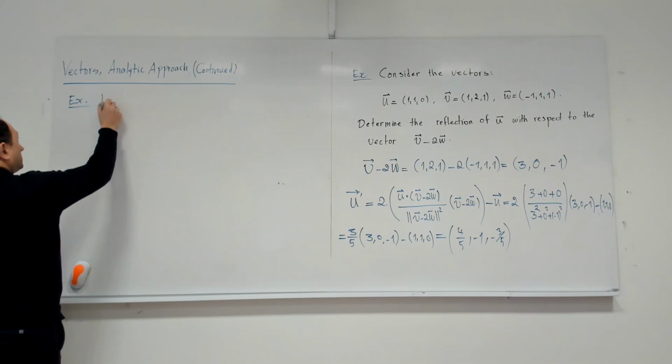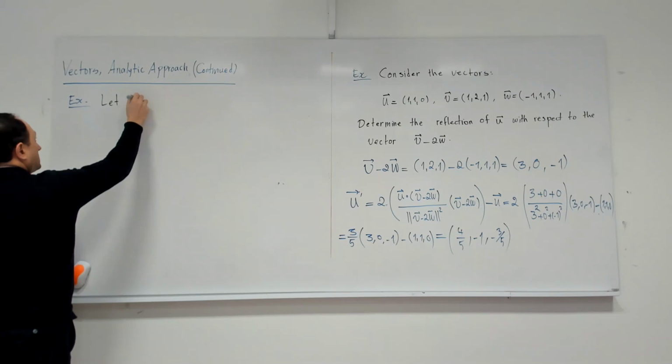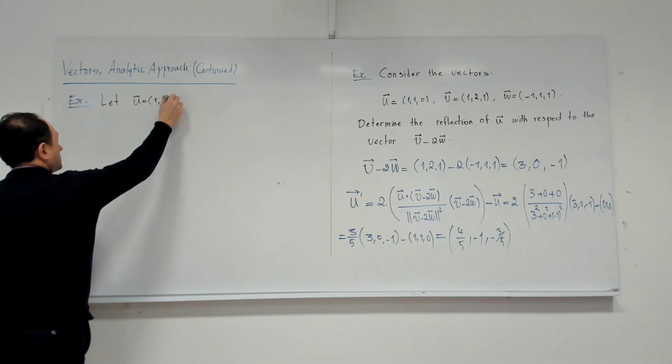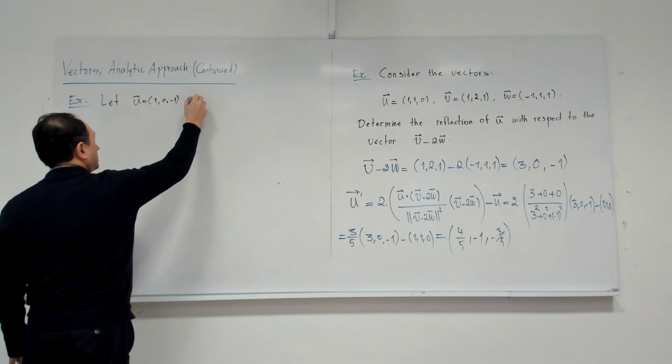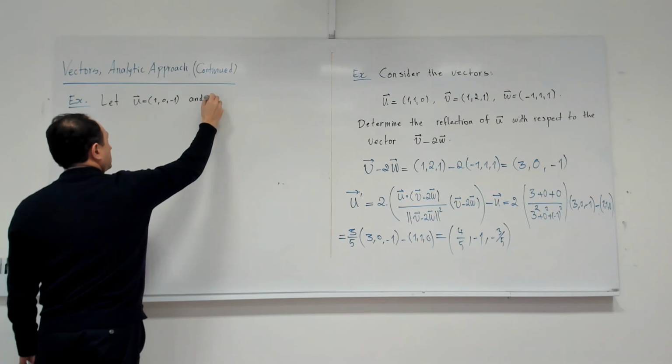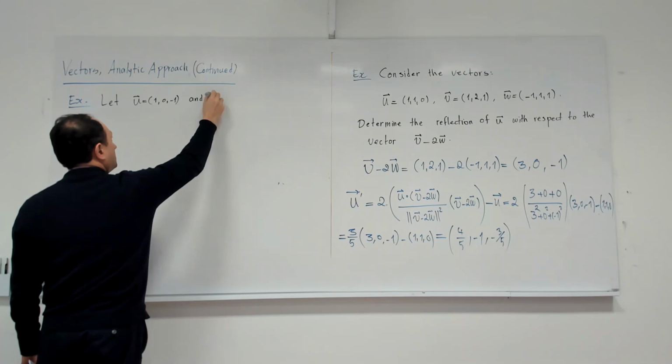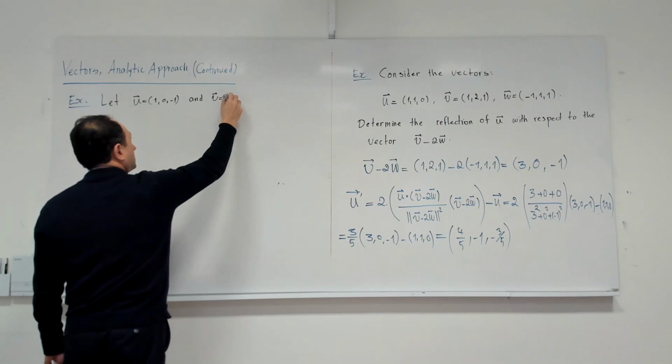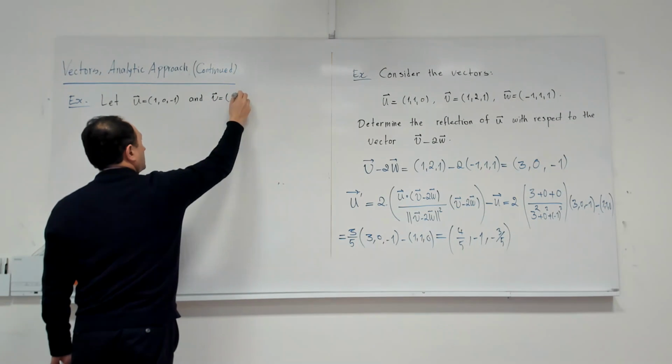Let u be this vector 1, 0, minus 1, and v be vector 1, 1, and 0.